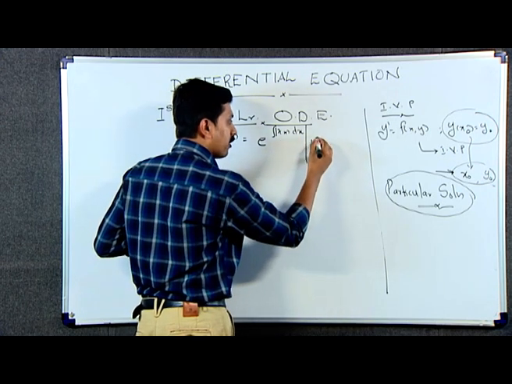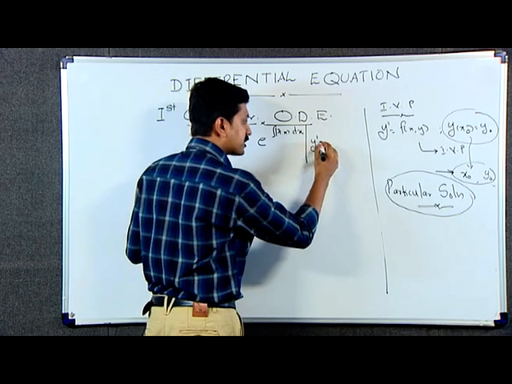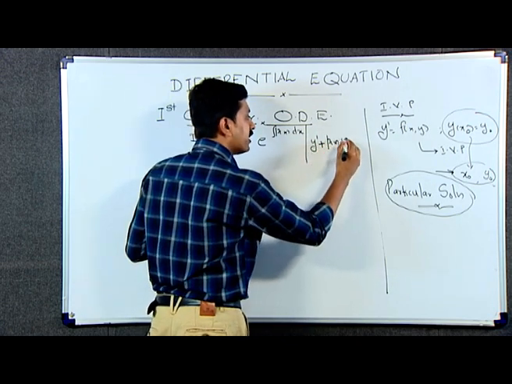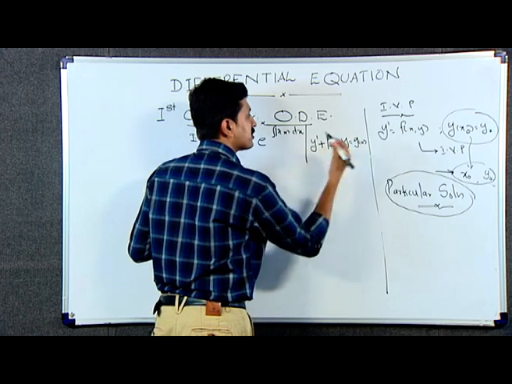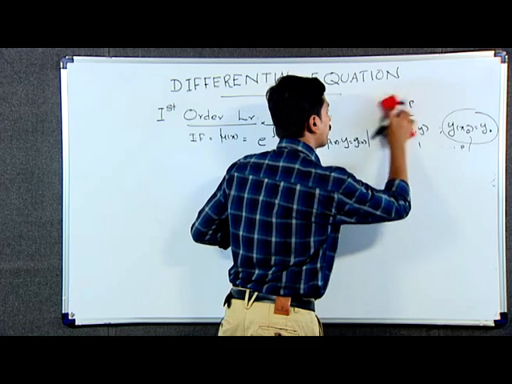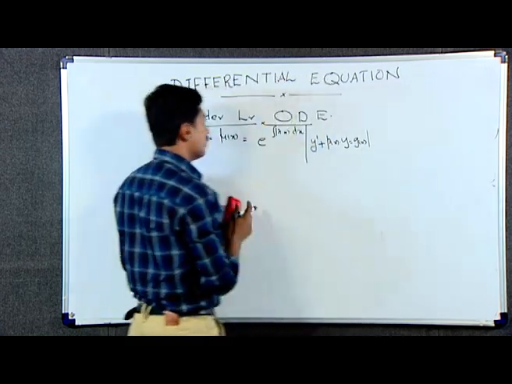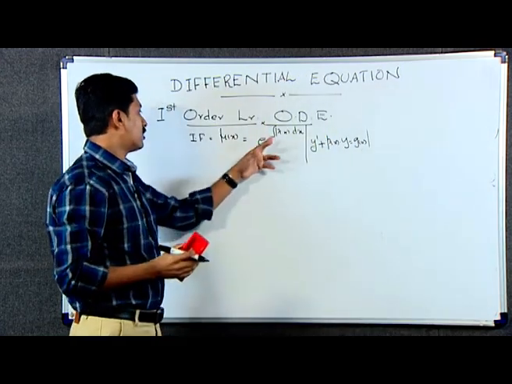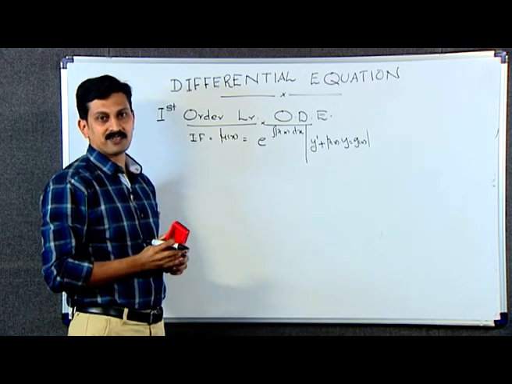Our equation is y dash plus p of x into y is equal to g of x. This is the coefficient function of y, so by using that function value, we can simply find the integrating factor.